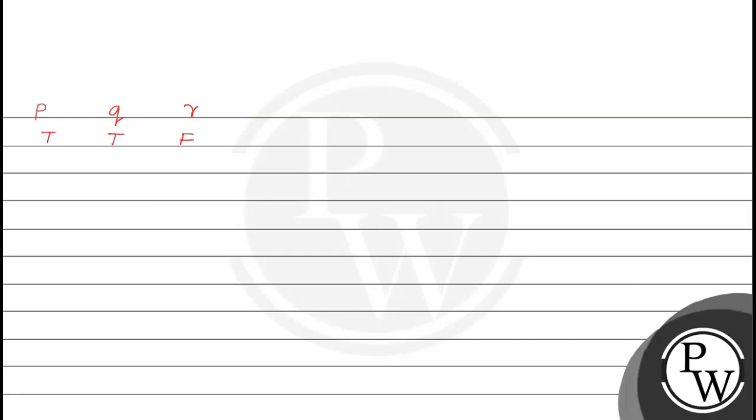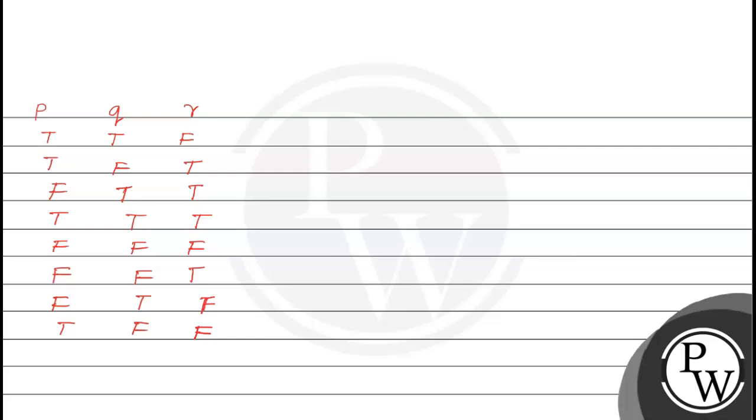True, true, false, true, false, true, false, true, true, true, true, true, false, false, false, false, false, true, false, true, false, and true, false, false. So here we have taken all the possible combinations.